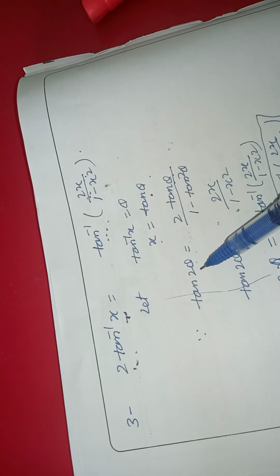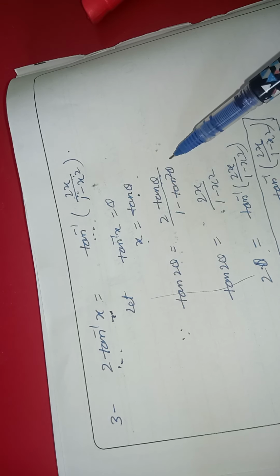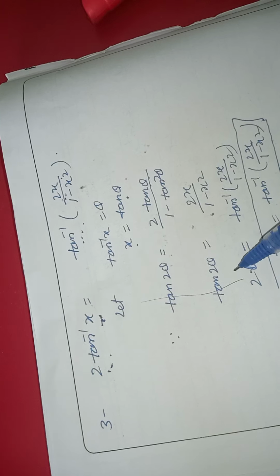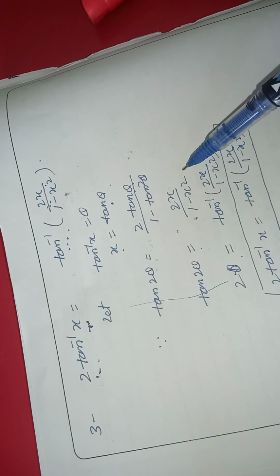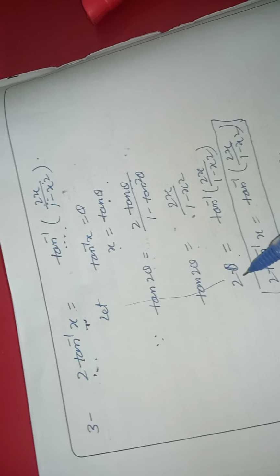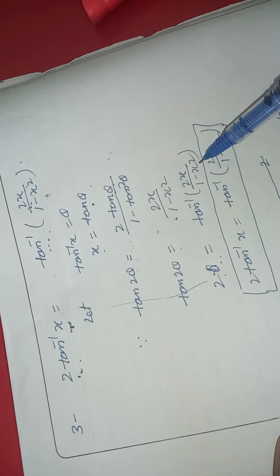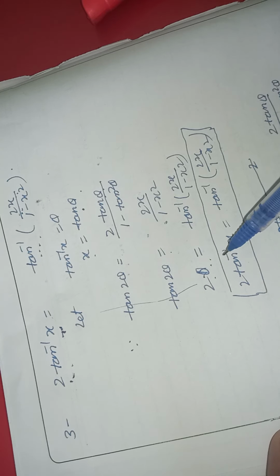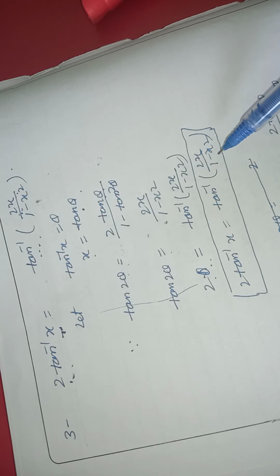We know that tan 2 theta is equal to 2 tan theta upon 1 minus tan square theta, so tan 2 theta is equal to 2x upon 1 minus x square. This implies 2 theta is equal to tan inverse 2x upon 1 minus x square, and by putting the value of theta we get 2 tan inverse x is equal to tan inverse 2x upon 1 minus x square.